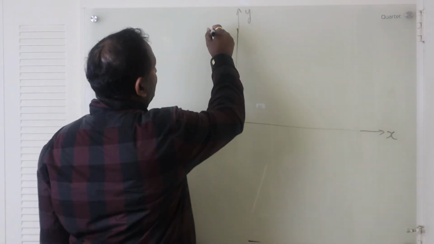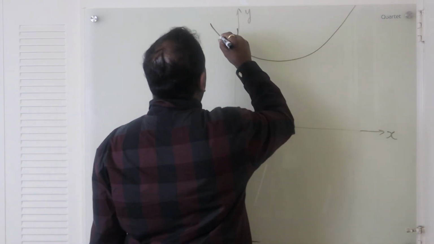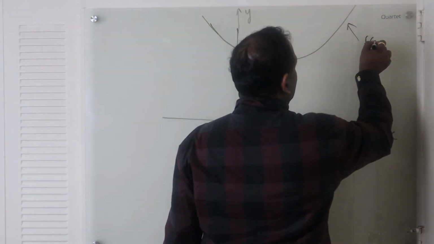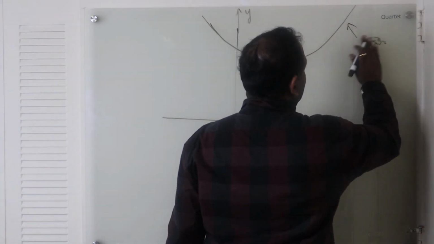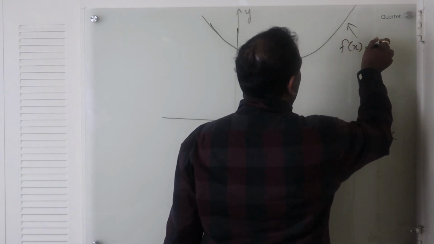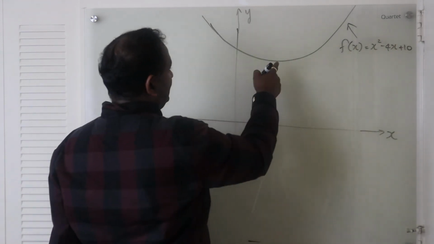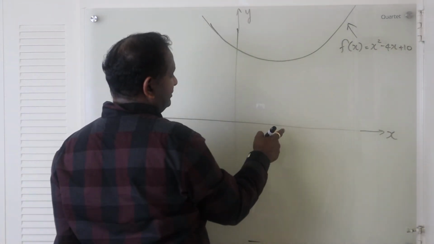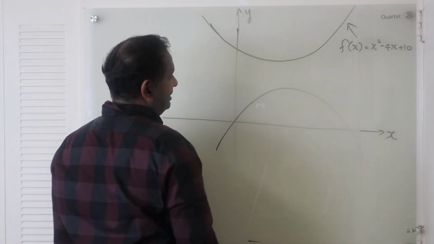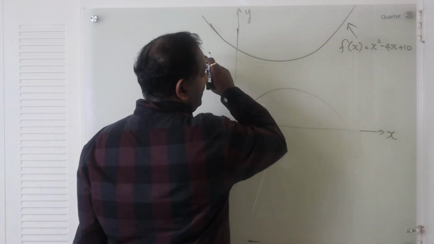When you draw, that's my f of x, which is x squared minus 4x plus 10. And this is never going to meet the x-axis or the other graph.